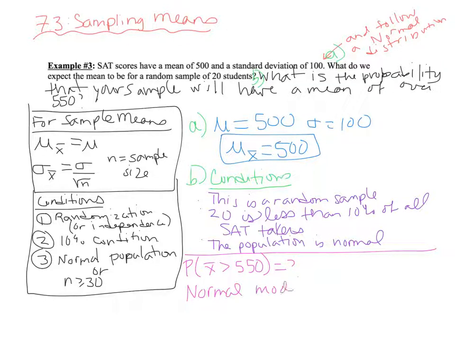Our mean in this normal model is going to be 500, the same as what they gave us before, and you also got that in A. Our standard deviation is a little bit more complicated. Be careful: because we have a sample of more than one student, you do the formula that we have. Our standard deviation is going to be 100 divided by the square root of 20. That was this formula right here.